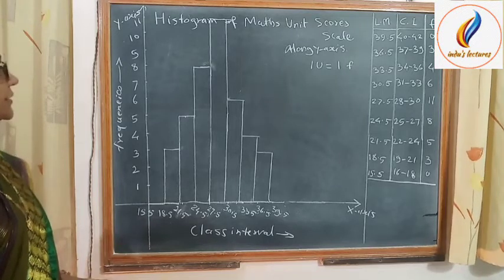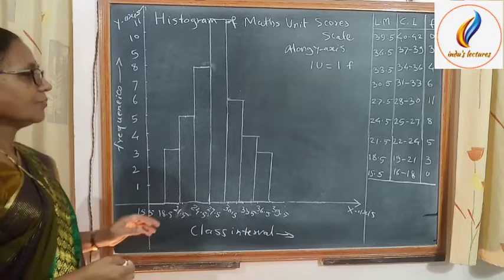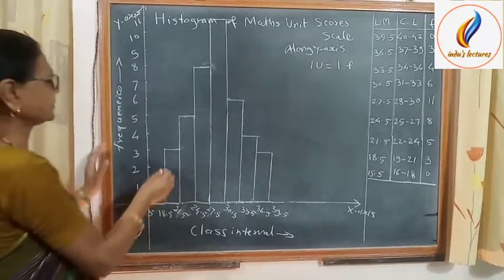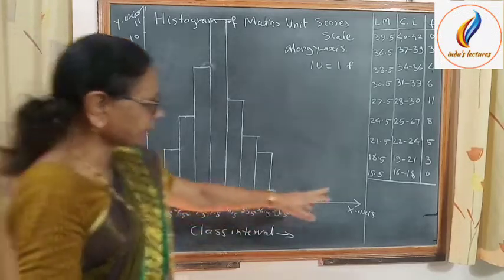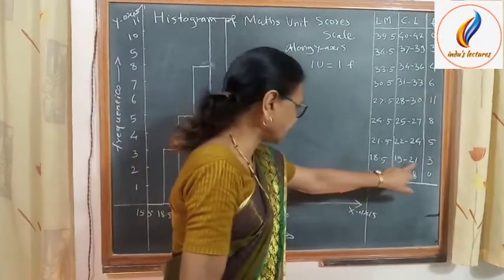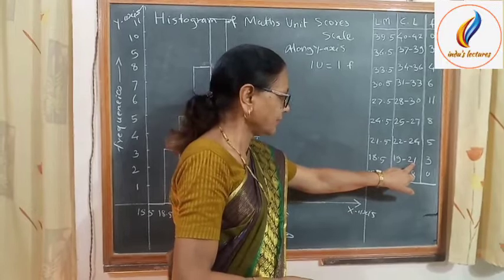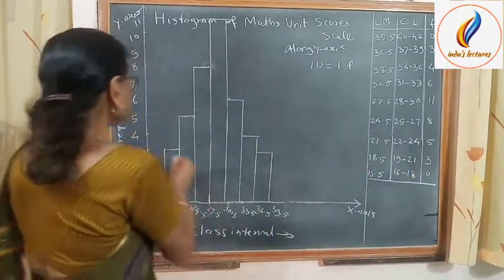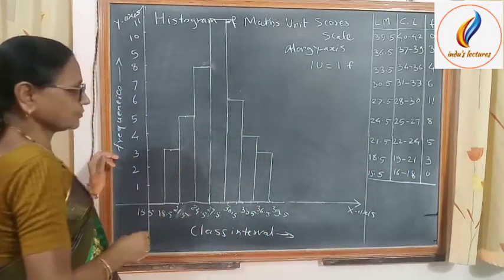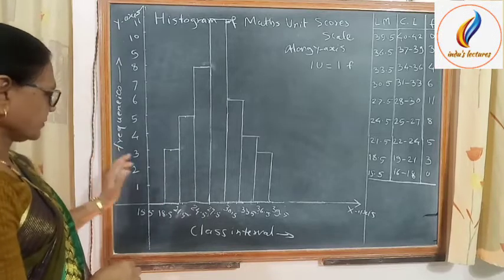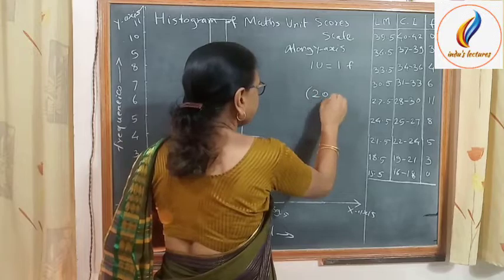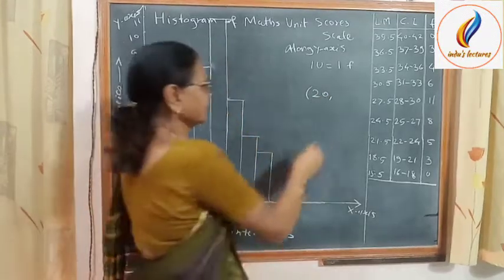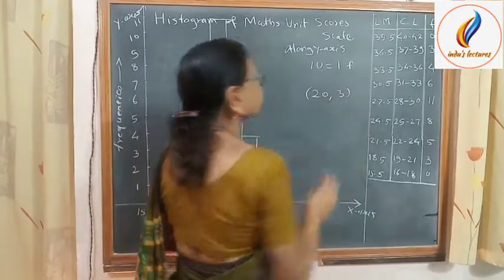If we consider in this graph the midpoint of each class interval, say the class interval 19 to 21, then its midpoint is 20. So if we mark this point with frequency 3, that means the x coordinate is 20 and the y coordinate is 3.